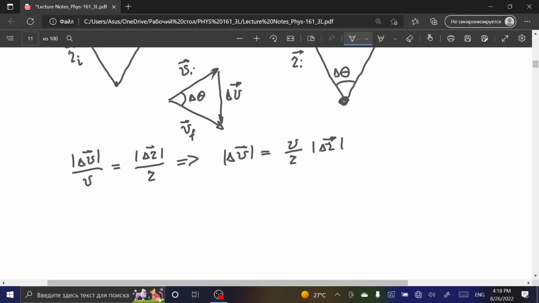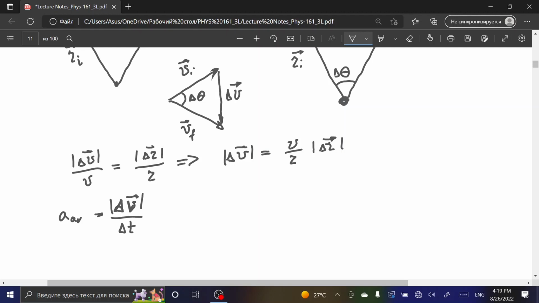So we can write that average acceleration is equal to, sorry, that's about velocity, delta r, about acceleration, delta v vector over delta t.